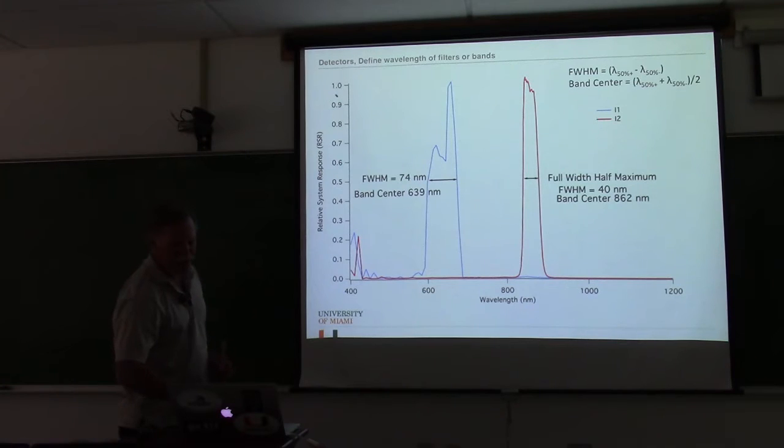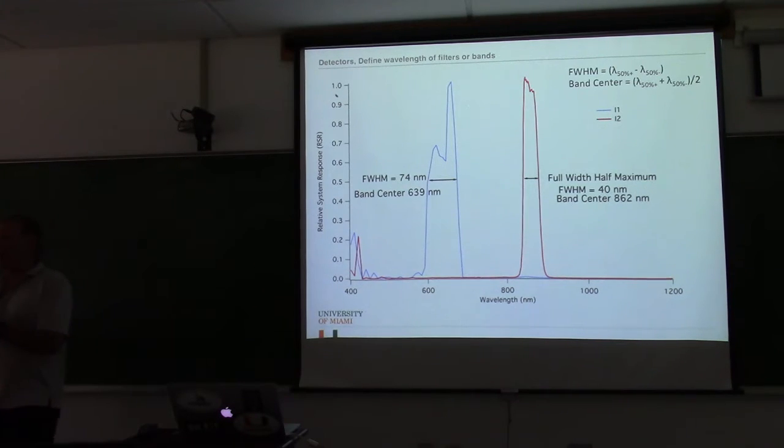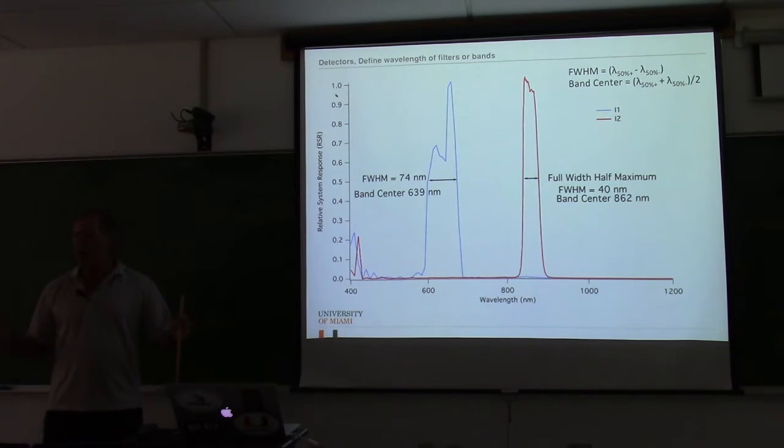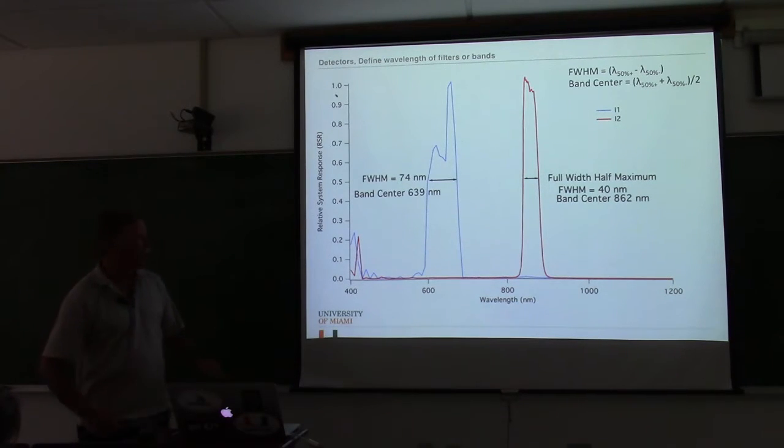Instead of going right into detectors, I'm going to start by describing the three classes of spectral characterizations of the detectors, because once I have those down, for each kind of detector you can get any of those that you want.